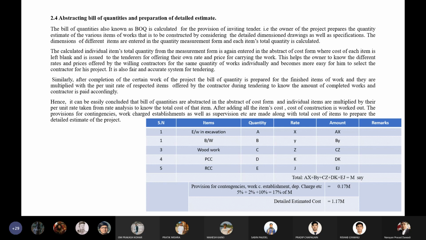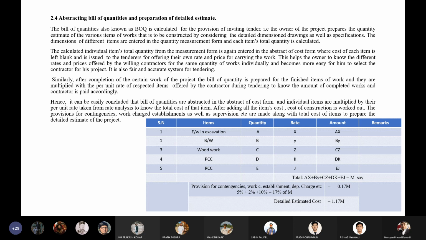That's why the bill of quantity is the total quantity of each and every item, which is entered in the abstract of cost form, leaving the portion of the rate and amount as blank.